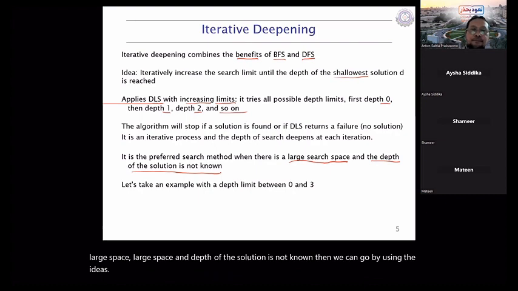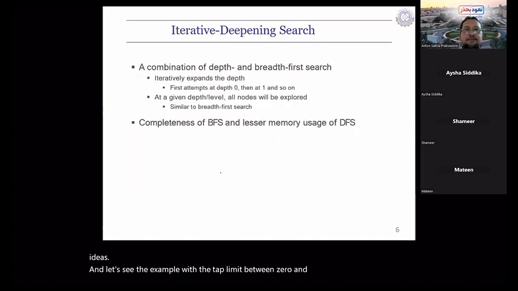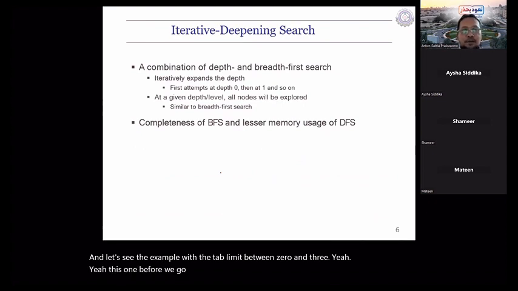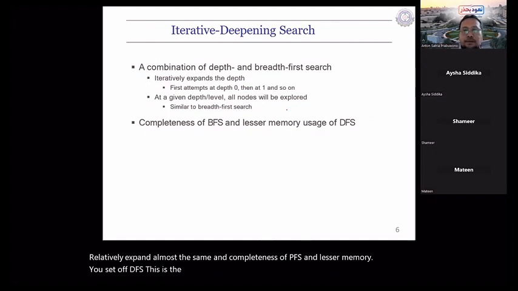Let's see the example with the depth limit between 0 and 3. Before we go, we see the combination of depth first and breadth first. IDS has the completeness of BFS and the lesser memory usage of DFS. This is the benefit, because IDS is a combination of the benefit of BFS and DFS.